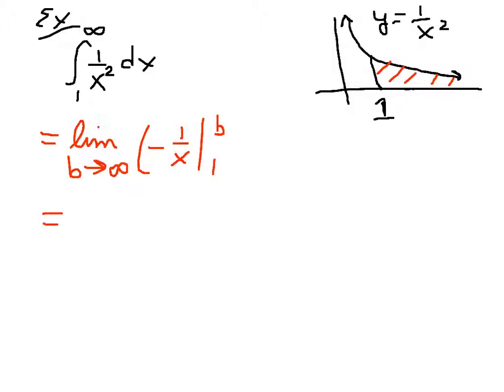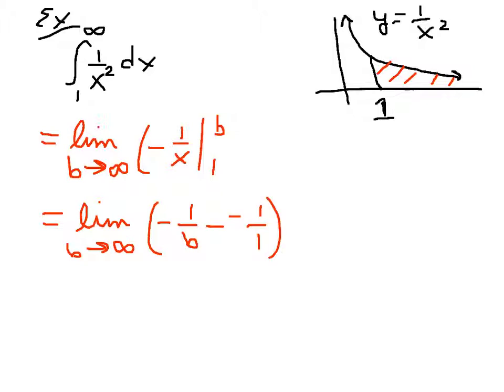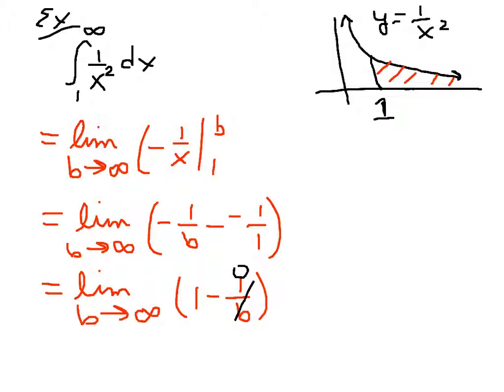And that equals the limit as b approaches infinity of minus 1 over b minus minus 1 over 1, which is the limit as b approaches infinity of 1 minus 1 over b. And as b approaches infinity, we know that 1 over b goes to 0, and so this limit is equal to 1.